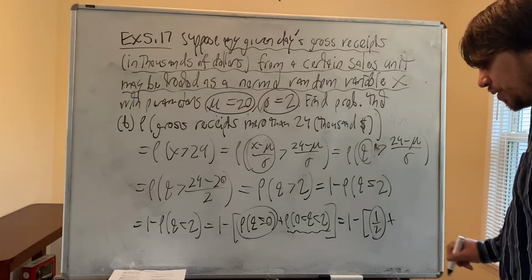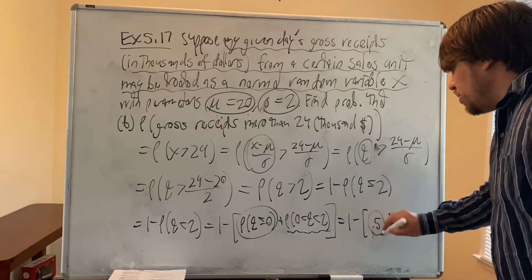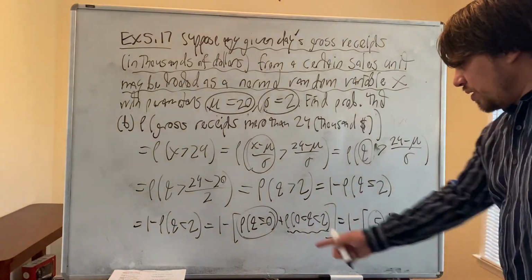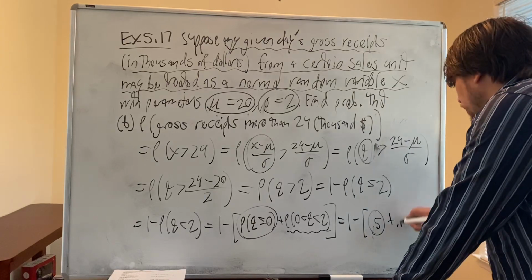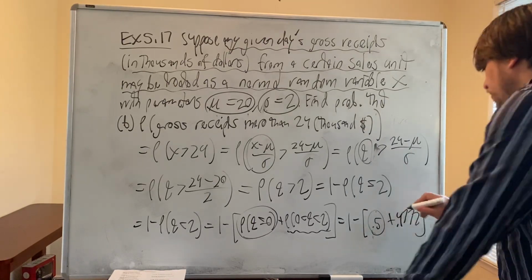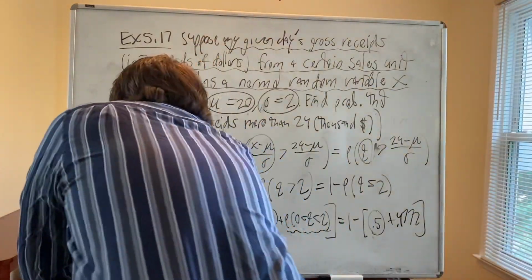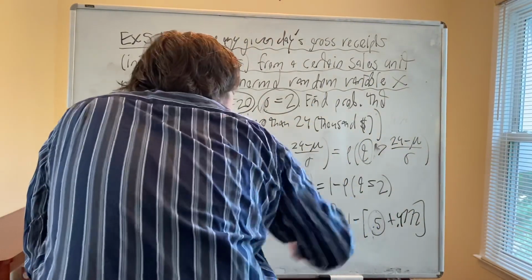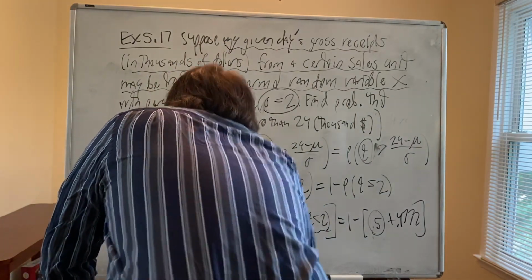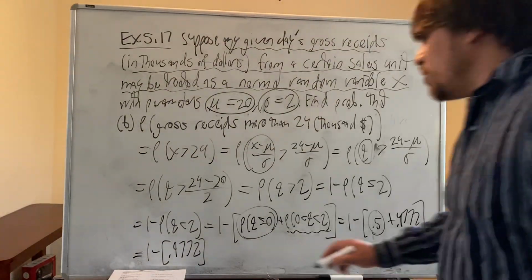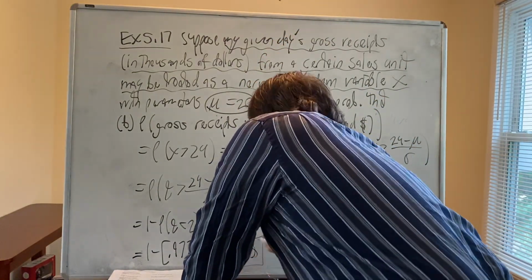And so the table tells you that, I'm going to put 1/2 as 0.5. So that's 0.5, plus this probability, which you get by the table, which is 0.4772. Okay? So it's 1 minus that. So that's equal to 1 minus 0.5 plus 0.4772, which is 0.9772. And so 1 minus 0.9772 is 0.0228. That's the answer.